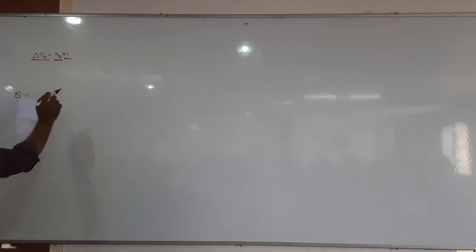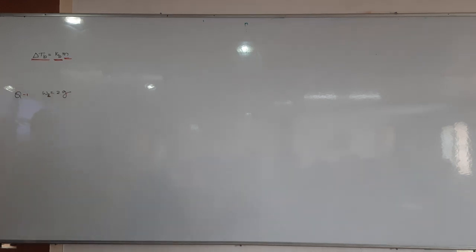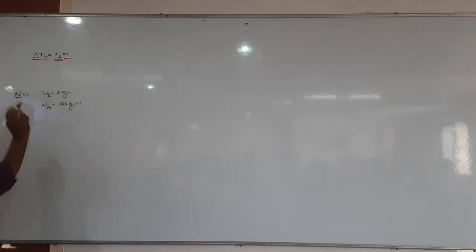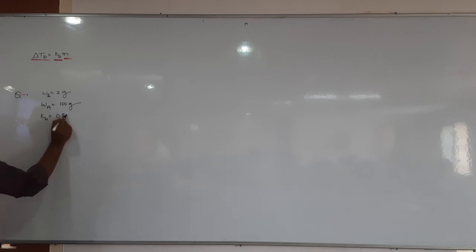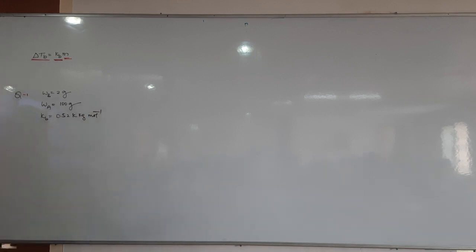Okay, so tell me the data. What is the data given? 2 grams, that means Wb. Wb is 2 grams of non-volatile substance dissolved in, what is the W1 or WA? 100 grams of solvent. Next, what is the Kb equal to? 0.52 Kelvin kg per mole, and moreover for water you have to remember. Next, what have they given?